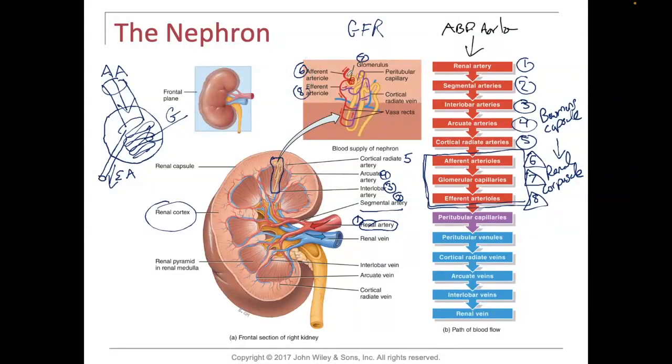So it's leading into the afferent arteriole to the glomerulus. And this structure right here, that's the beginning of where that filtration is going to take place, because it's going to pull out whatever it wants to get rid of. It's going to bring through that tubular system, the proximal convoluted tubule, the loop of Henle, the distal convoluted tubule, to eventually excrete out.